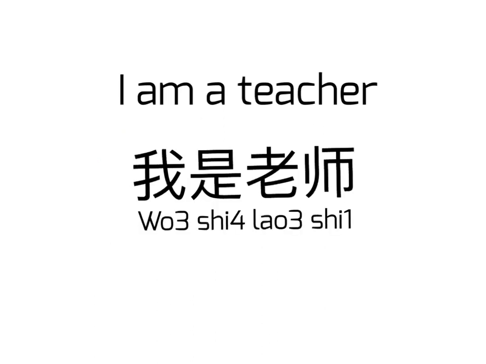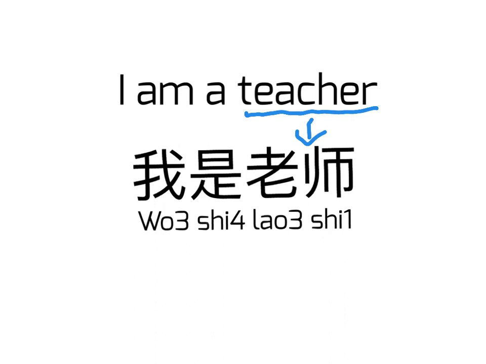The next sentence is a bit longer: I am a teacher. If you check the sentence structure, it more or less follows the same rules. We have teacher, which translates to 老师.